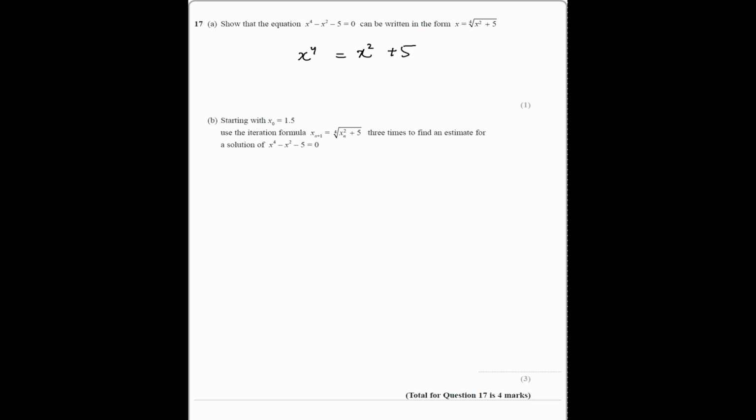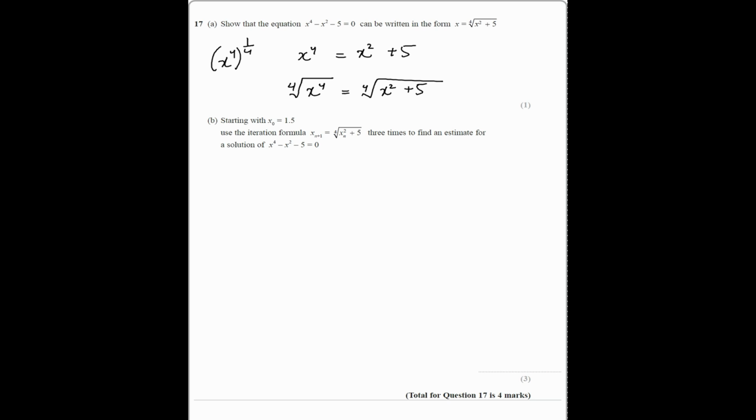Now to remove this power 4 from x, we have to take the 4th root on both sides. So it will look like this: 4th root of x^4 equals 4th root of x^2 plus 5. And we know that the 4th root of x^4 means x^4 to the power of 1 over 4. And we can apply power of power.